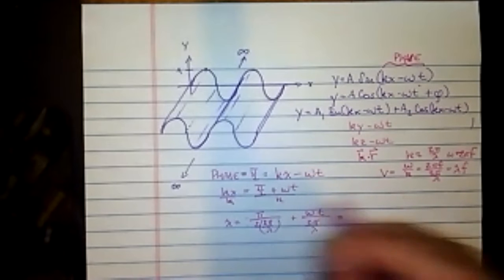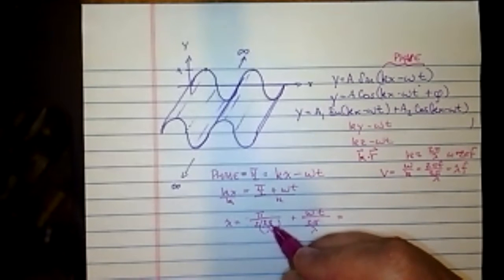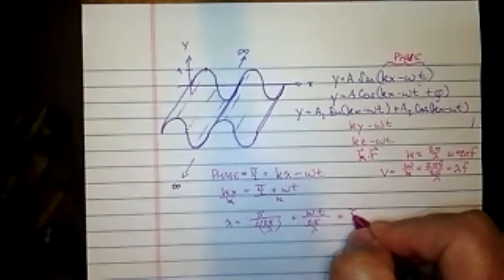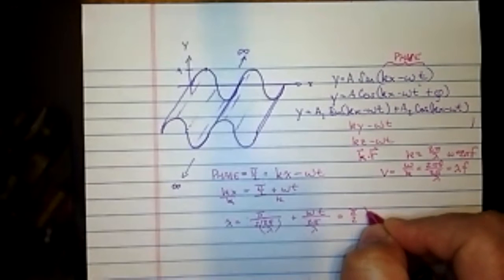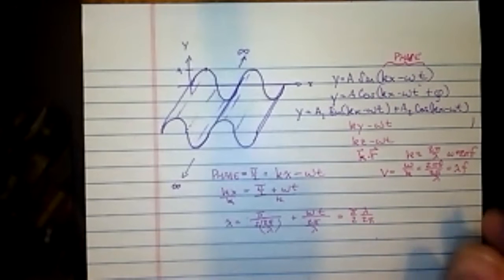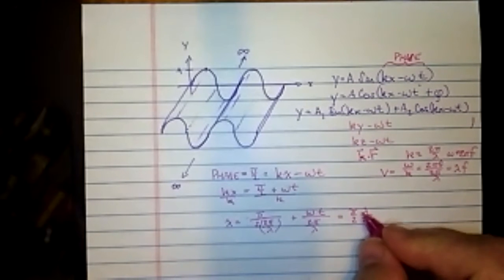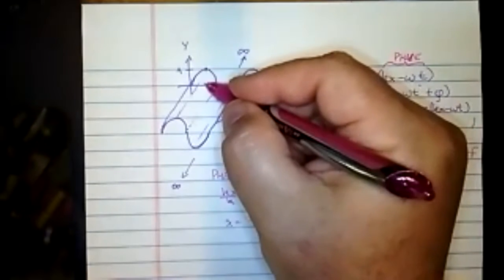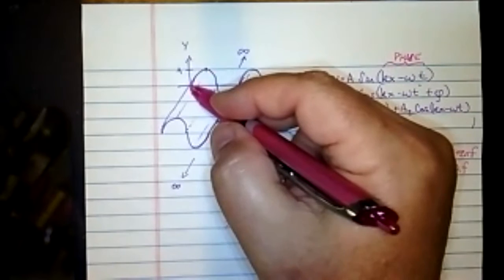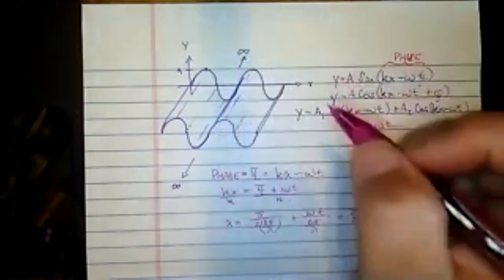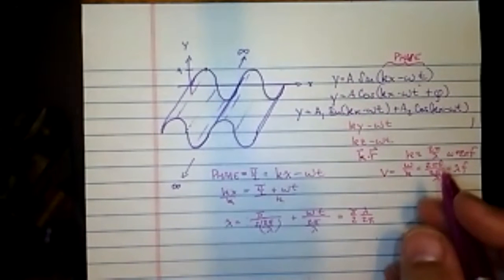I think you can see where I'm going with this. I'm going to have to flip this denominator over and make it multiplication, because that's what division by a fraction is. So I'll get pi over 2 times lambda over 2 pi. And you see the pi's cancel out, and that's ultimately going to give me lambda over 4, which makes sense because that's 1/4 of the wavelength. The wavelength would actually be from here to, say, here, and that is 1/4 of that distance. So that's how much it shifted over at t equals 0.